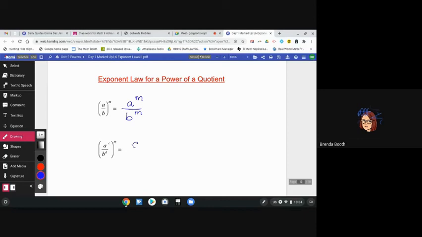And so I'd have a to the c times m over b to the d times m. And guys, if we were working with variables, you wouldn't even really see that multiplication sign in there. It would just look like this: a to the cm over b to the dm. So rather than working with this fraction, this allows you to work with 2 separate powers, which might just sort of feel easier than working with a fraction.